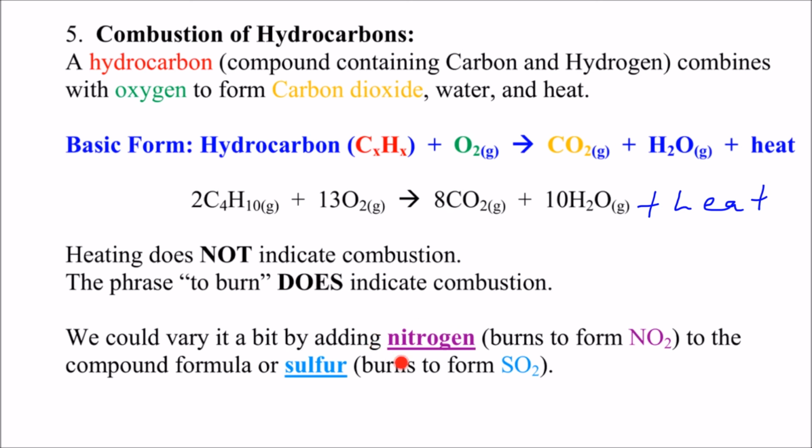If we do add nitrogen into the hydrocarbon, then you're going to get this nitrogen dioxide in addition to these three. It doesn't replace the carbon dioxide, it just is another additional product. If we add sulfur into the hydrocarbon, then you'll add sulfur dioxide to the products as well.